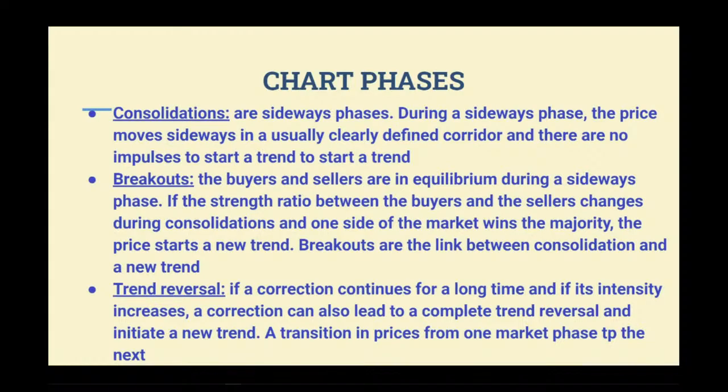A consolidation basically is when the price, as it says, consolidates in a channel. That's what we call a channel. So when you hear somebody saying Tesla is in a channel, that means that it's bouncing between a low and a high, and it doesn't go below that low or above that high.